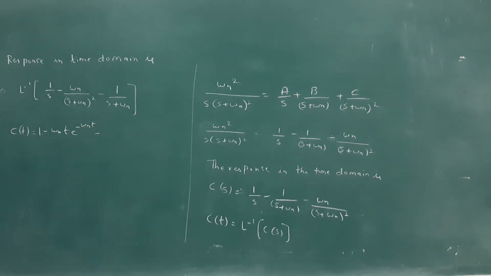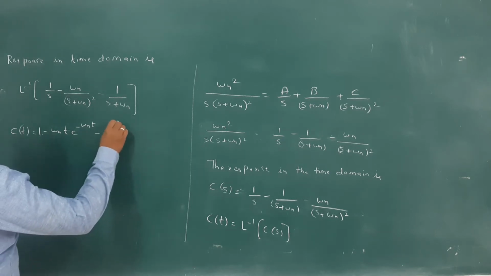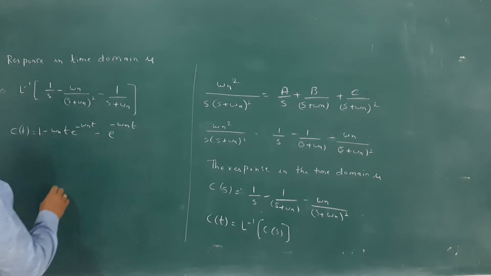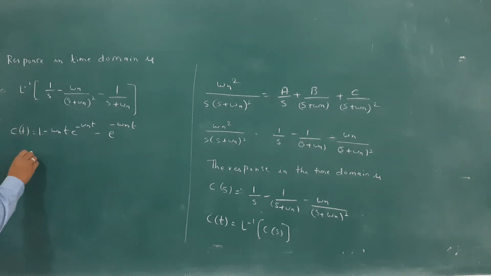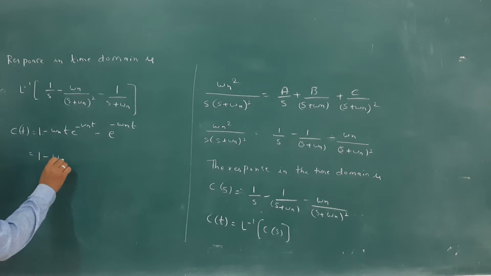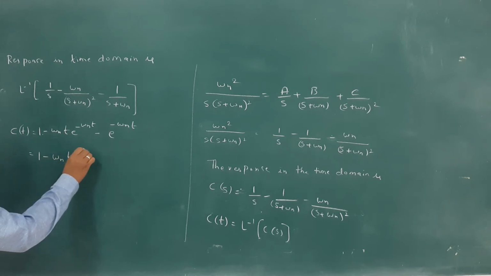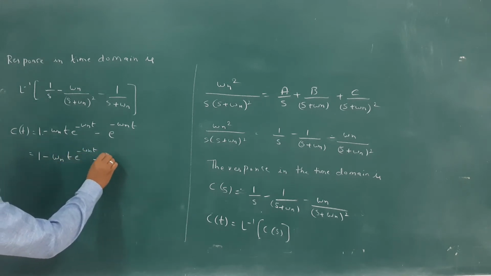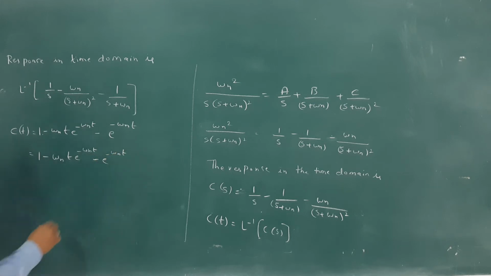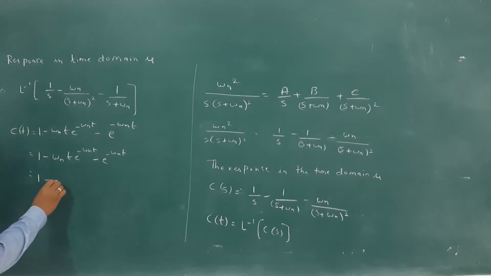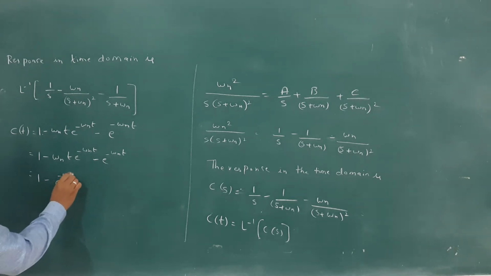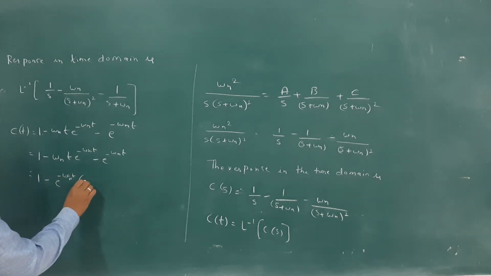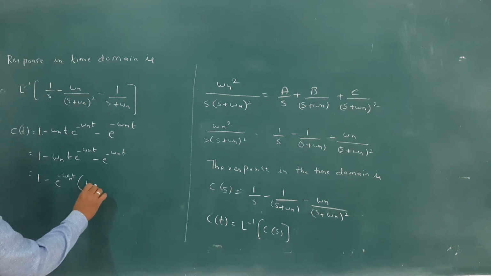Minus the inverse Laplace transform of 1 by (s plus omega n), which is e power minus omega n t. So we get 1 minus omega n into t into e power minus omega n t minus e power minus omega n t. We can take out e power minus omega n t common: 1 minus e power minus omega n t into (omega n t plus 1).